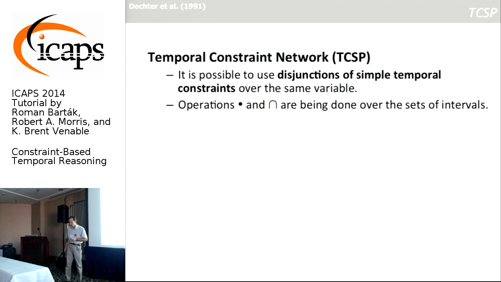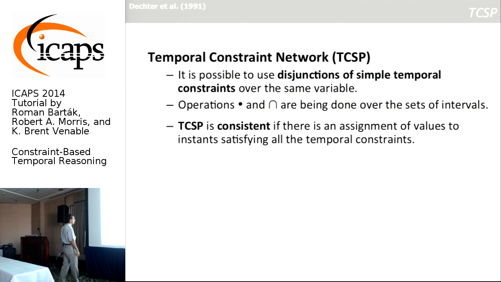Again, everything else is the same. We define the composition relations, intersection. Of course, now we are working with sets of intervals, not with single intervals. So when we combine these relations for intervals, we obtain an interval again. Now we have a set of intervals combined with a set of intervals, so we obtain a set of intervals that could be much larger than the original sets of intervals, right?